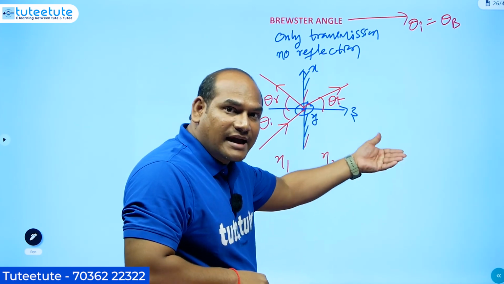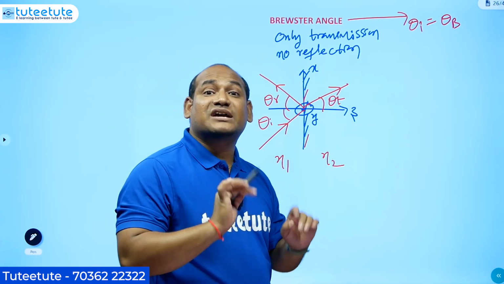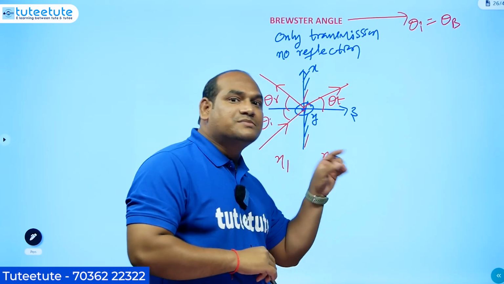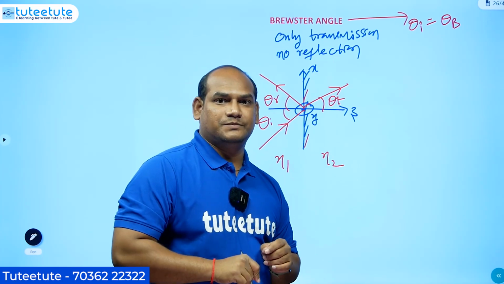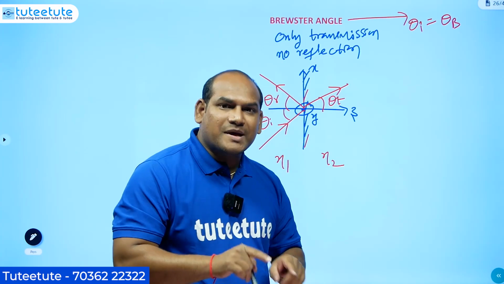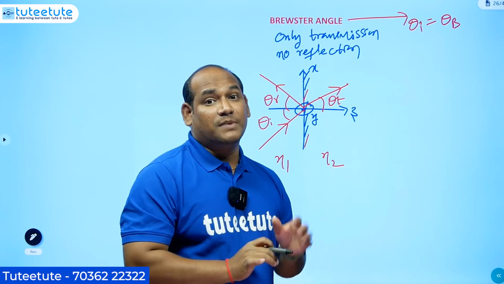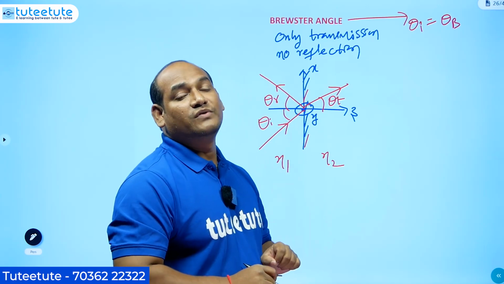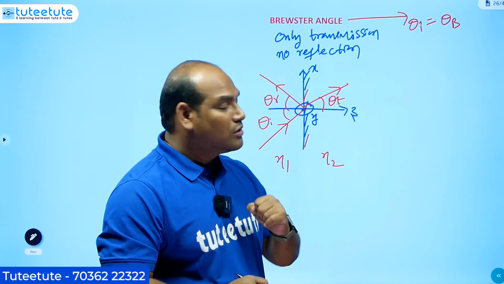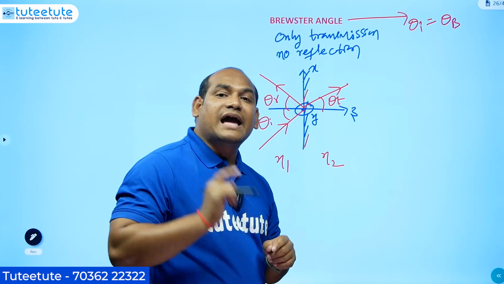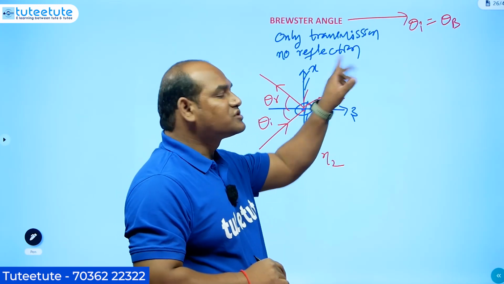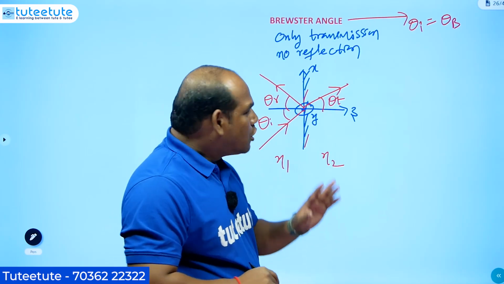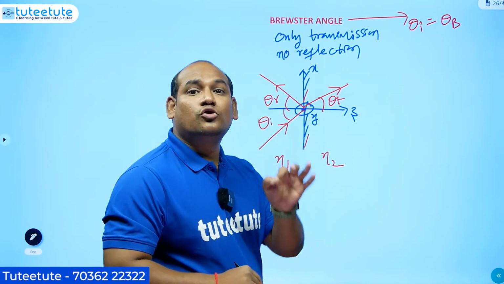For that particular angle, we don't have any reflection, even though impedance mismatch is there. So listen carefully. Whenever impedance mismatch is there, reflection is there. But we can make reflection equal to 0 at only one particular angle of incidence, that is called Brewster angle. I am saying total transmission, that means no reflection.